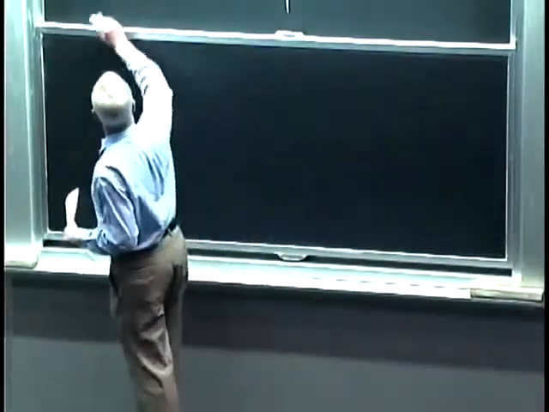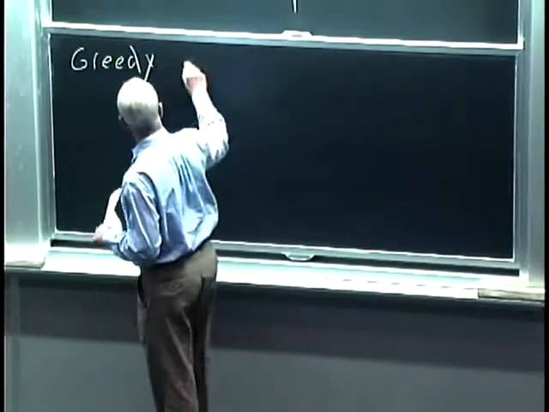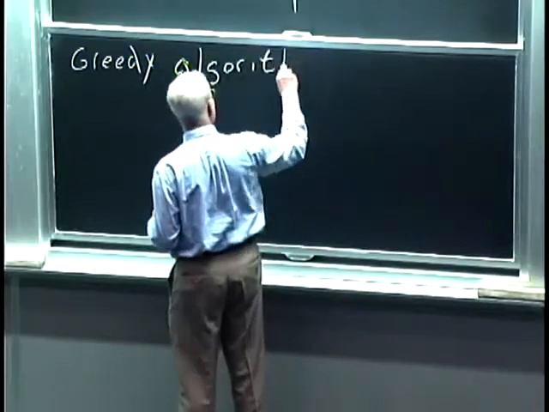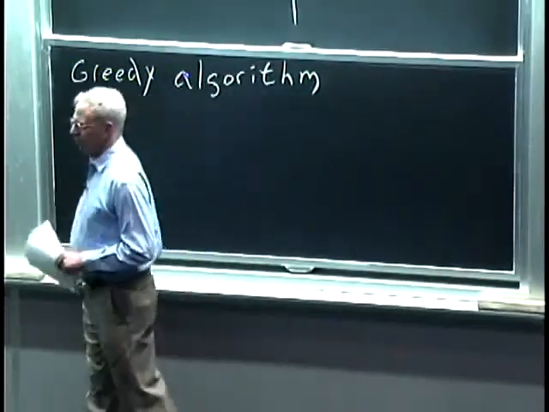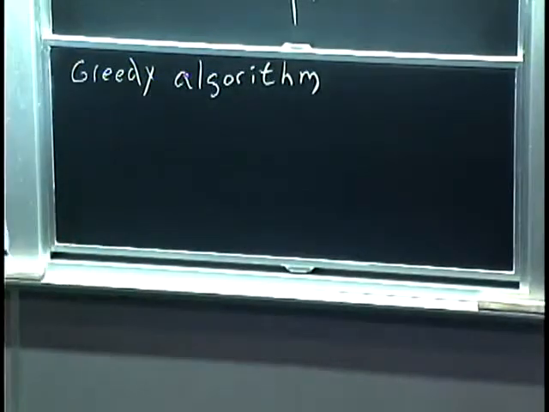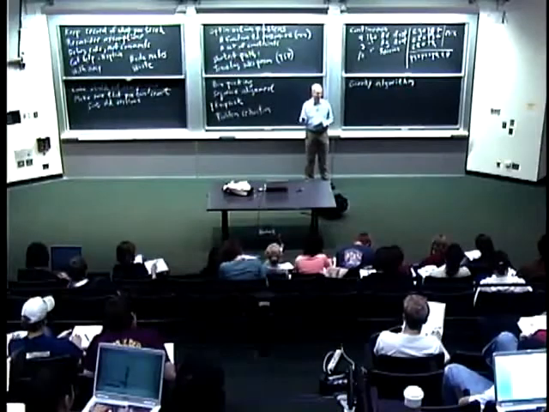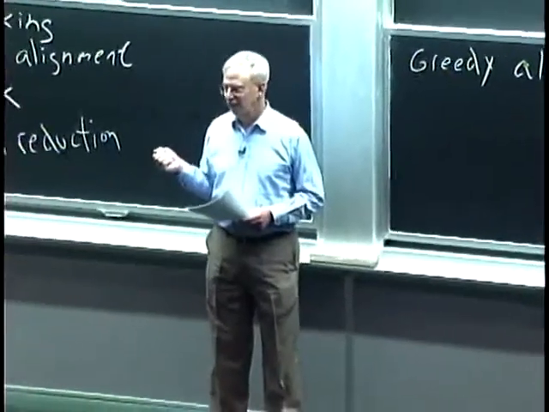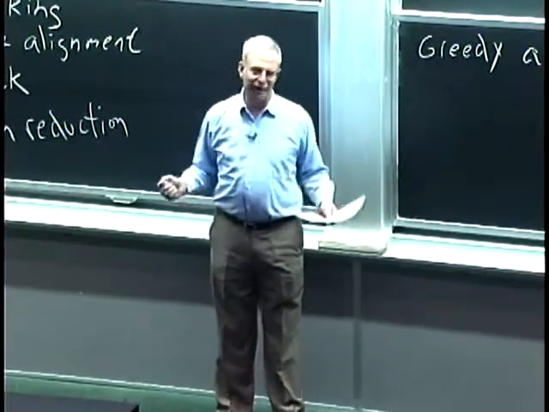What I just described is an instance of a greedy algorithm. In a greedy algorithm, at every step, you do what maximizes your value at that step. So there's no planning ahead. You just do whatever's best.